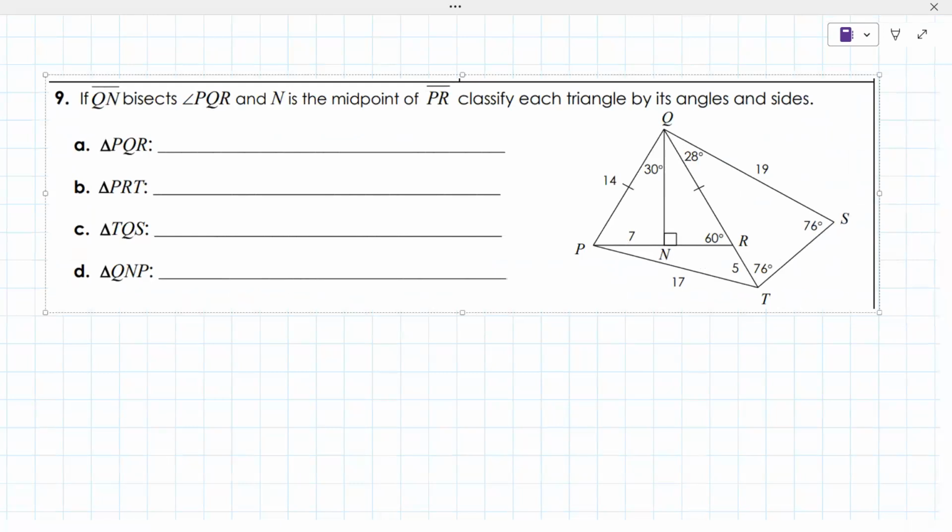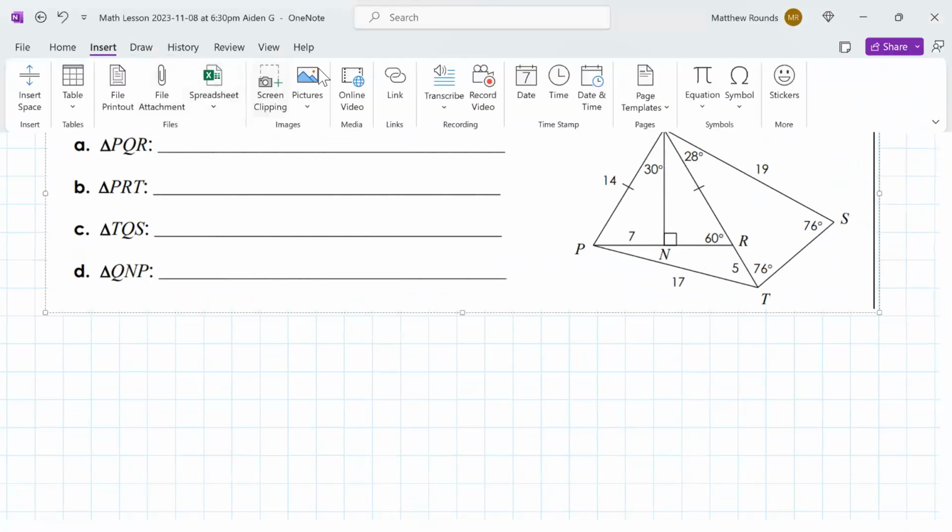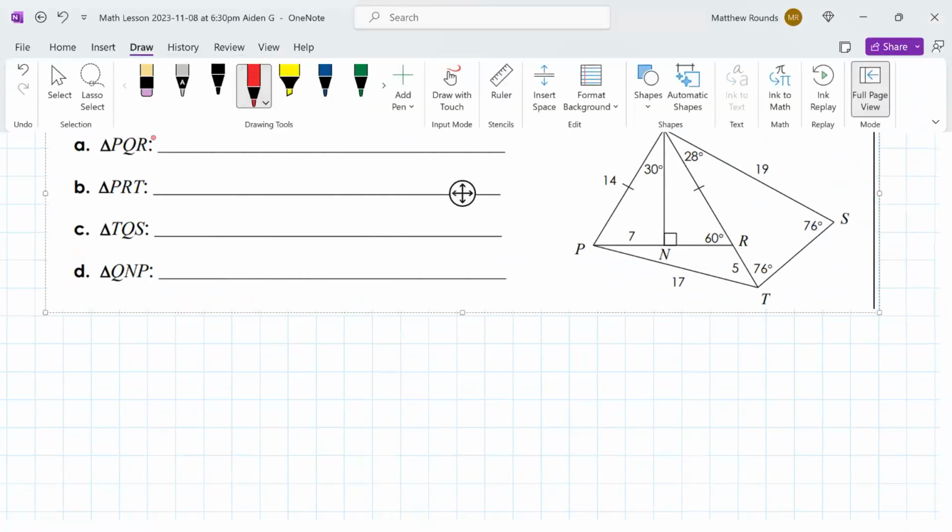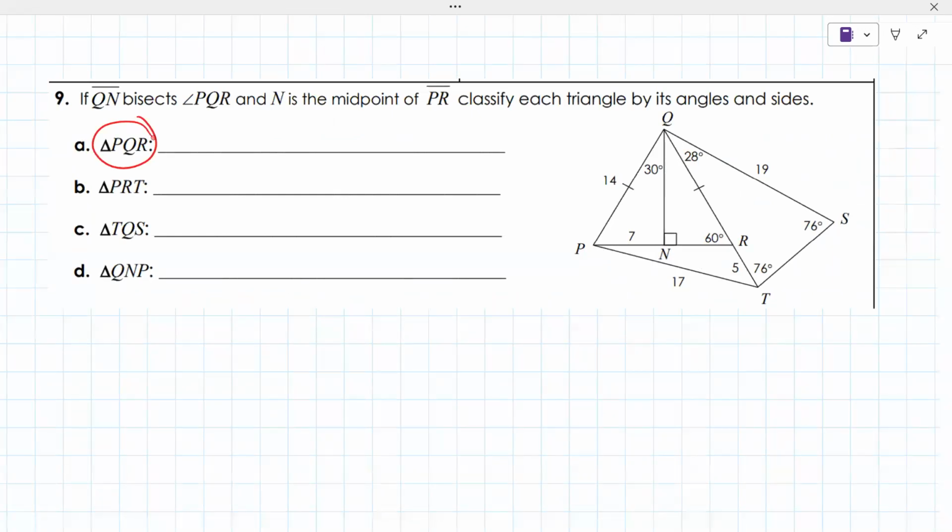You almost need to just focus on the triangle they're talking about. So PQR, P to Q to R like this. What kind of triangle is that?